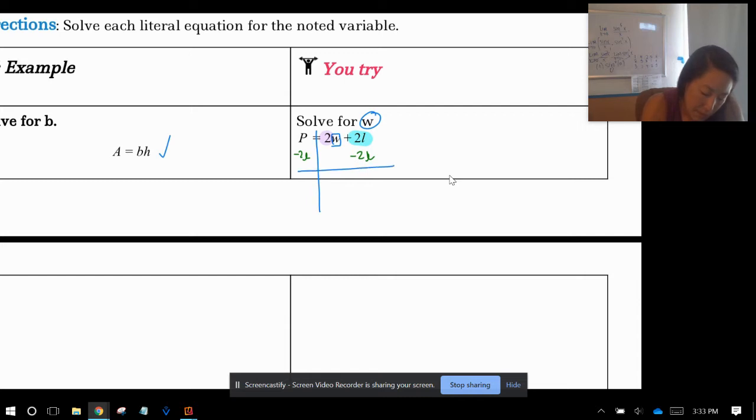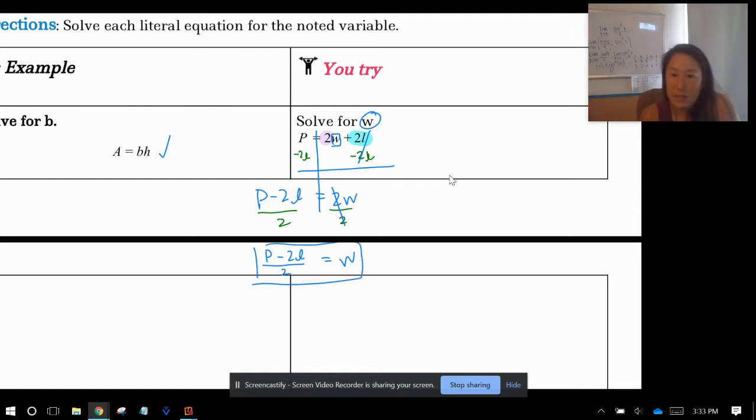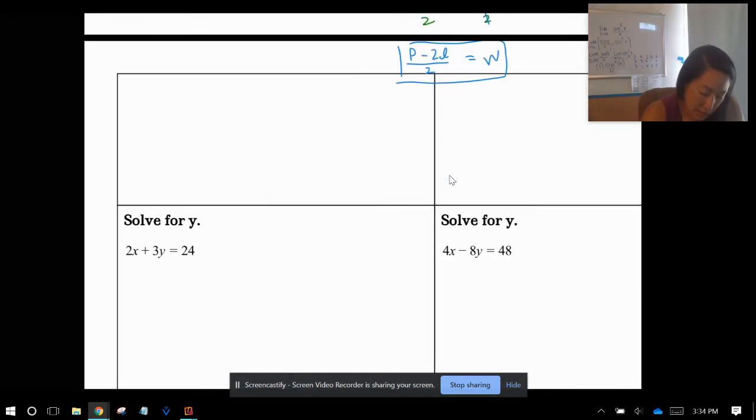And I get P minus 2L is equal to 2W. Now to get W by itself, I divide everything by 2. So I have 1W is equal to P minus 2L over 2. And that's it. Next, let's try another one.